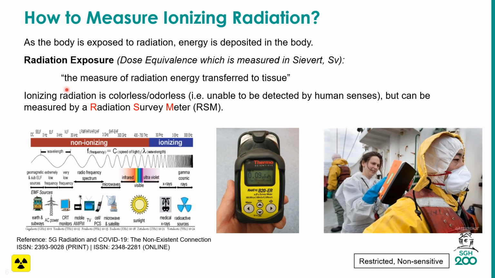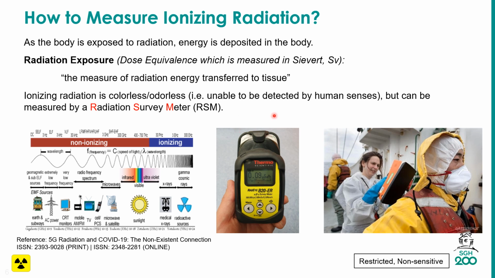So the radiation exposure is basically the measure of the radiation energy transferred to tissue. Right? Ionizing radiation has no mass, and it has no charge, and it is colorless and odorless. That means you cannot smell radiation, nor can you feel any heat coming out of the radiation as well. Okay, therefore we need to use an instrument such as this.